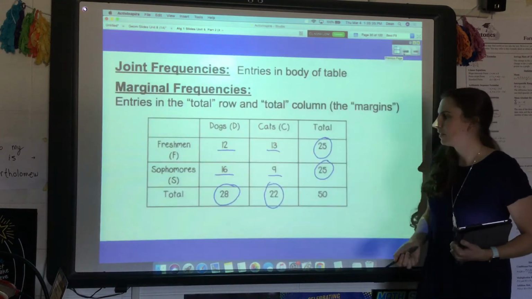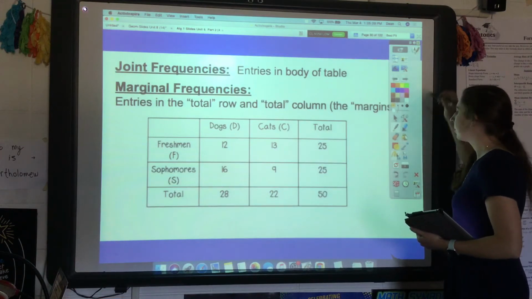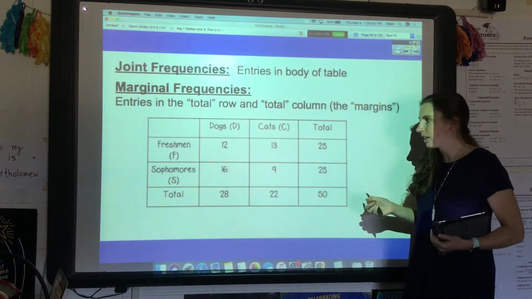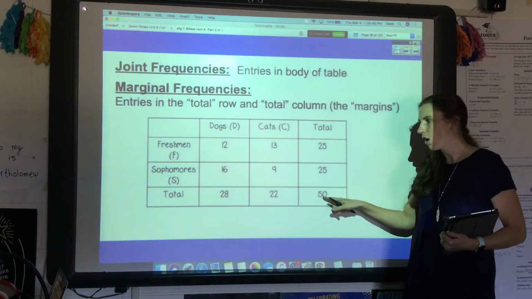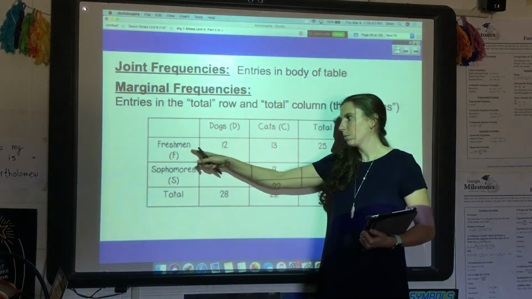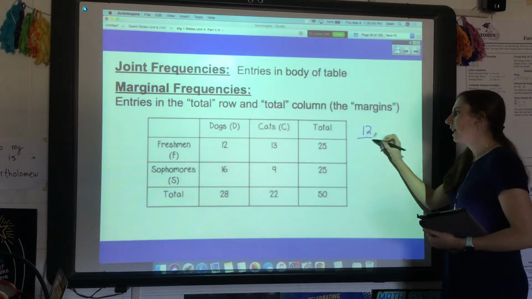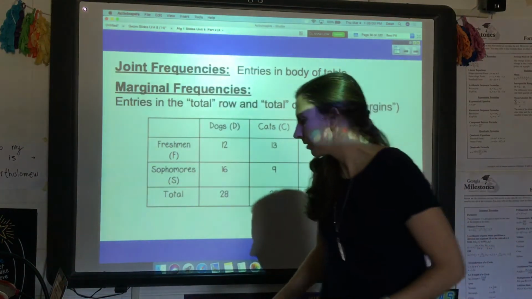And then, what we usually do with tables like this is we calculate different percentages. If I really wanted to, I could calculate out of everybody who did this survey, out of all 50 people, how many of them were freshmen who like dogs? That would be those 12 people out of 50.